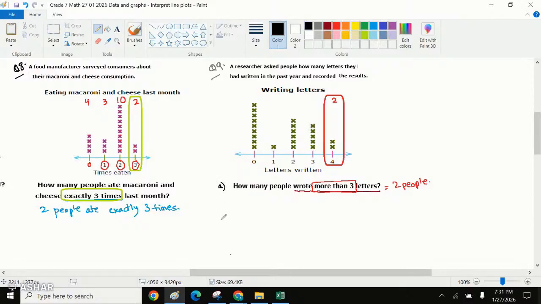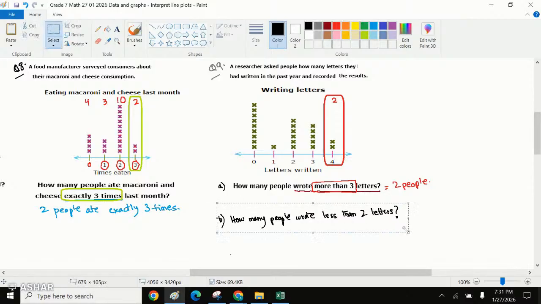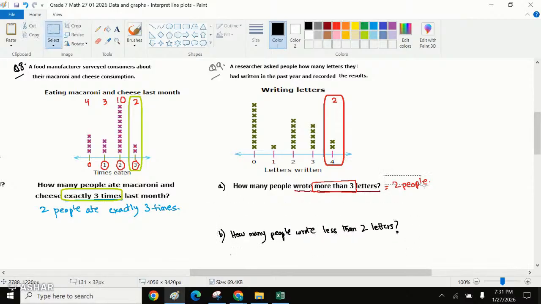Let's add another question to it. How many people wrote less than 2 letters? If we are talking about less than 2, less than 2 means it could be 2 letters.